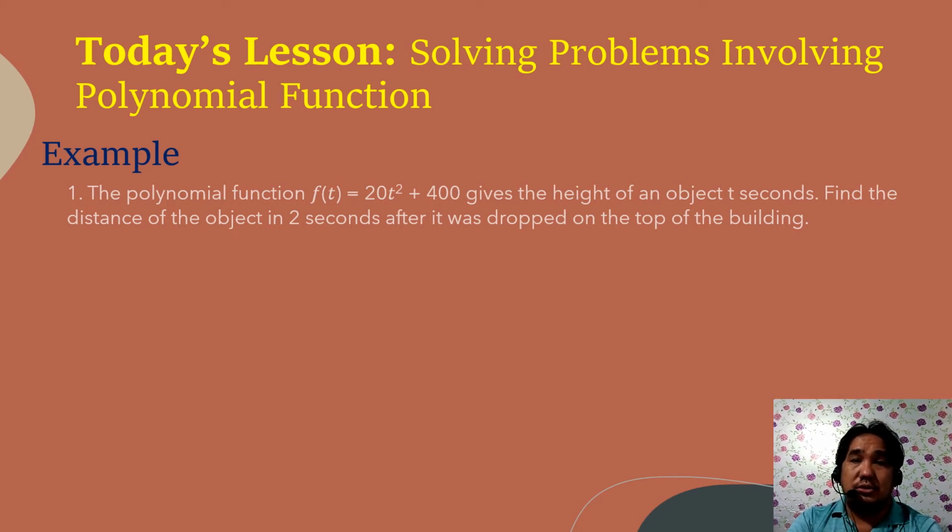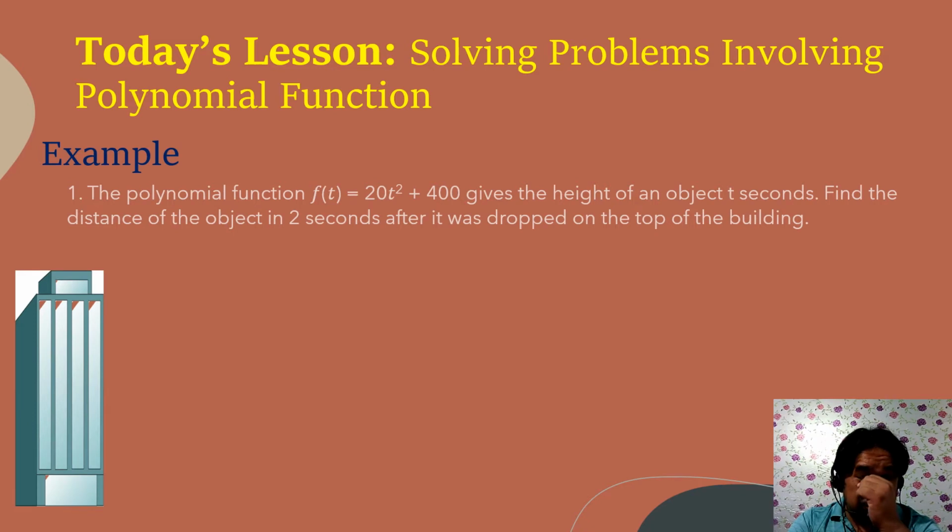You are to find the distance of the object in 2 seconds after it was dropped from the top of the building. Here is our building. If we drop our object from the top, the question is, what is the distance from the top after the 2-second drop?